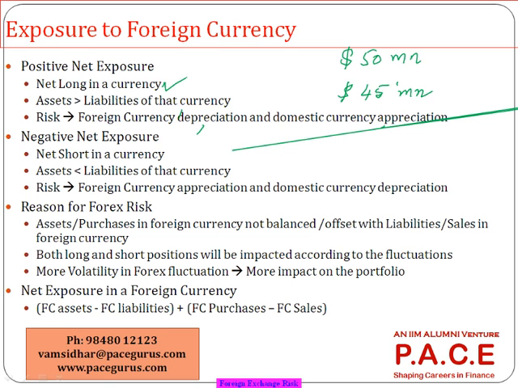If the foreign currency appreciates, $1 becomes 66 or 67, we are very happy, right? Because my dollar denominated assets are more compared to the dollar denominated liabilities.